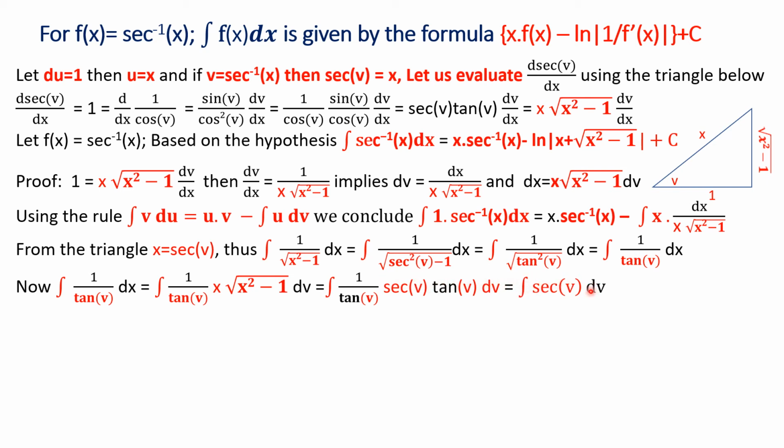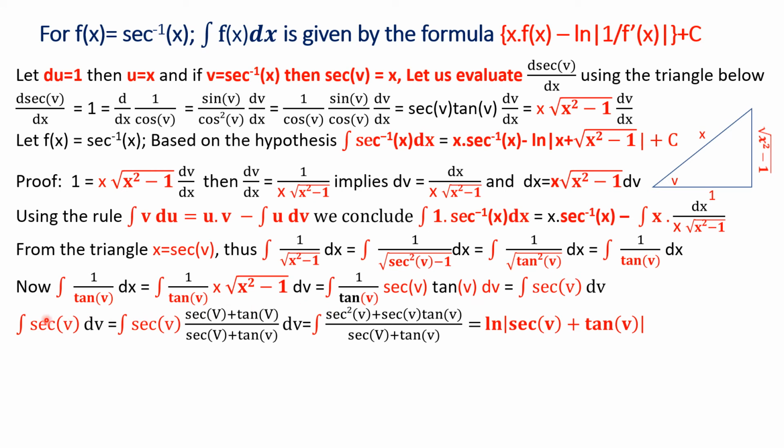Now we have this integration, and we have to perform it. So integration of sec of v dv equals integration of sec of v multiplied by 1. But our 1 here is just sec of v plus tan of v divided by sec of v plus tan of v.